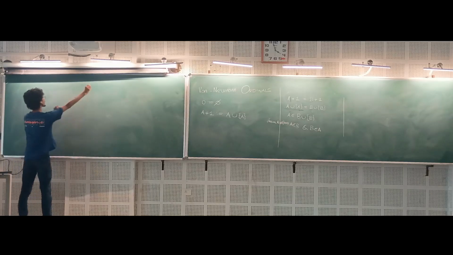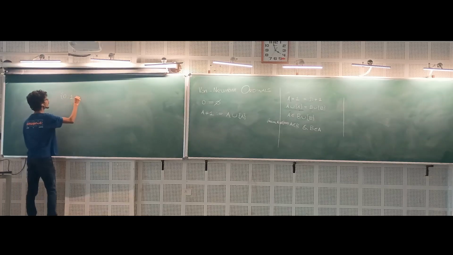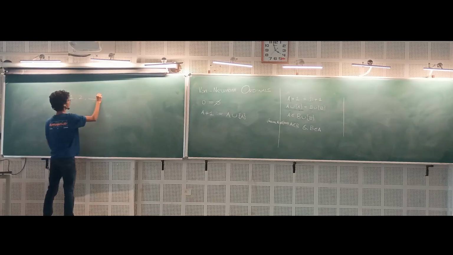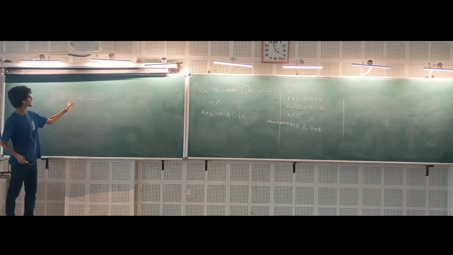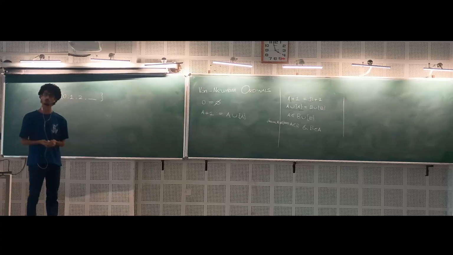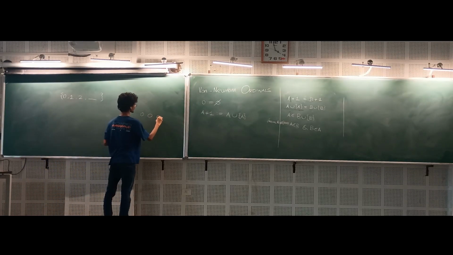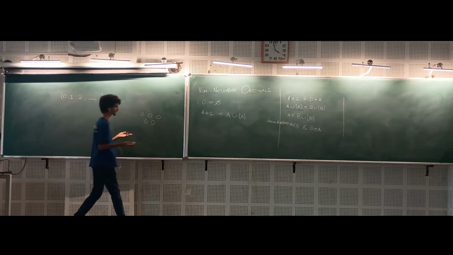So finally, what we get is that this set 0, 1, 2, and so on, actually forms the natural numbers. And now we can go back to counting. If I want to say that there are 5 objects on the board, what will I say?